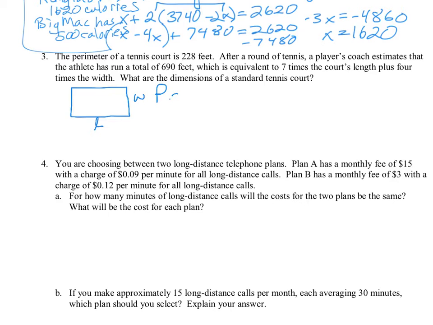Its perimeter is 2 widths plus 2 lengths. Now we know that that's 228 feet. After a round of tennis, the player coach estimates that the athlete has run a total of 690 feet. That's a total.